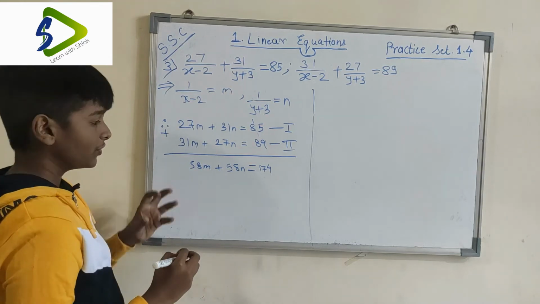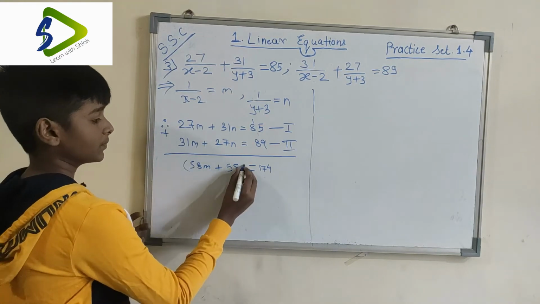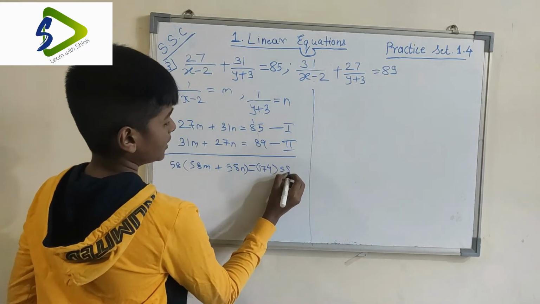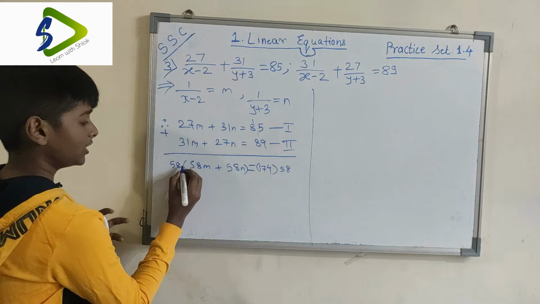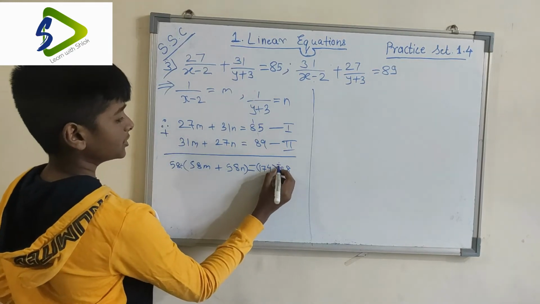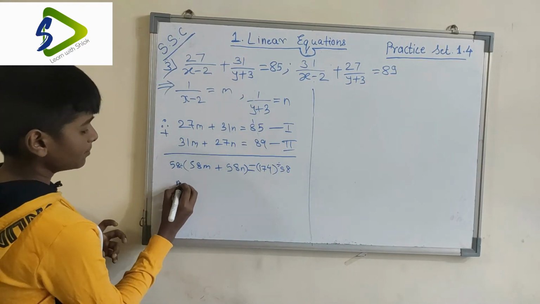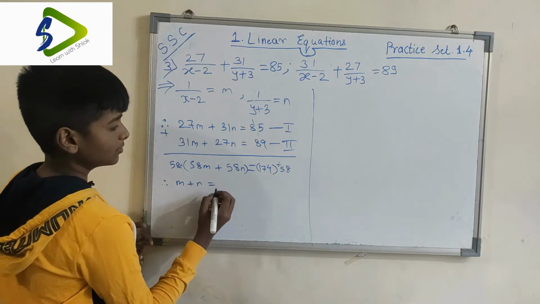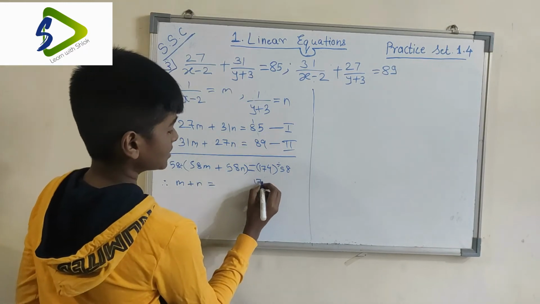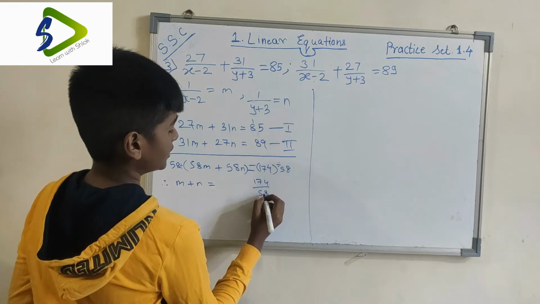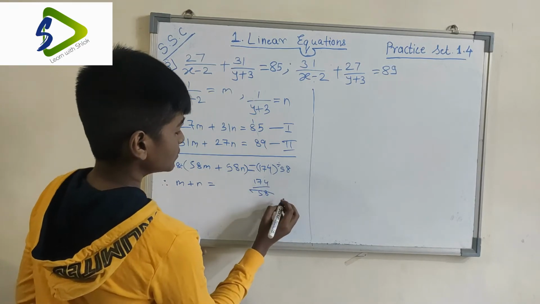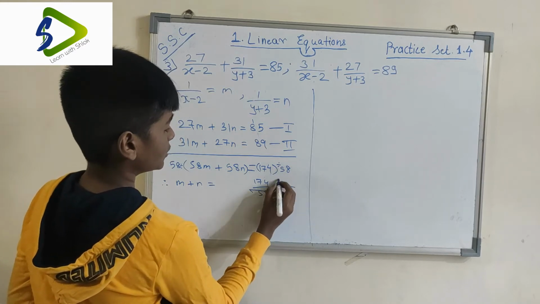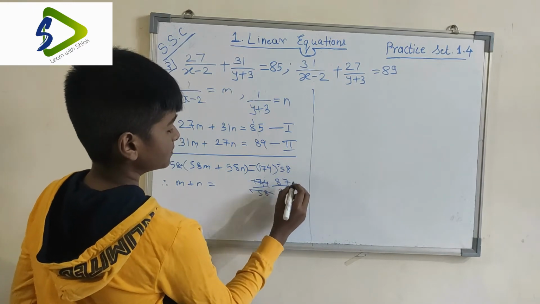And now let's divide this answer by 58, okay. So if you divide this by 58, I get the equation as m plus n is equal to, let's divide this 174 by 58. You can divide it by first 2, so you get 2 2s are 4, 9, 29, 2 8s are 16, 1 remains, 2 7s are.